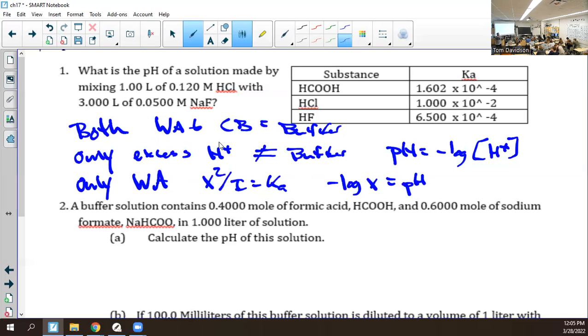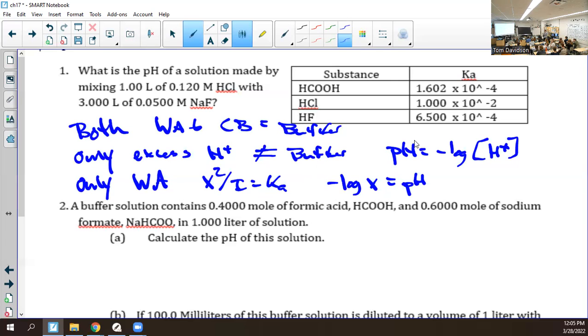Okay. Without going crazy here, if you look at that table, tell your partner, something in there is completely useless. Will you tell your partner what it is? Okay, anyone know what it is? Someone said it. It's the Ka for HCl.